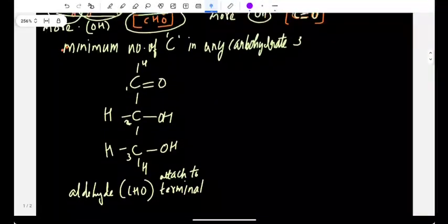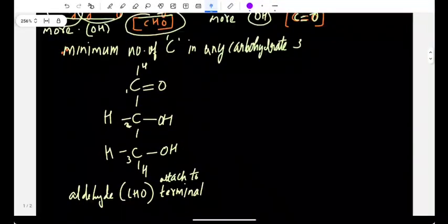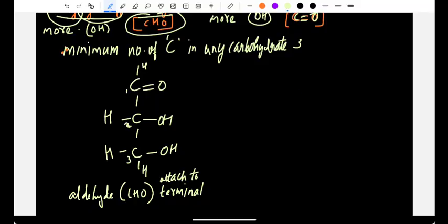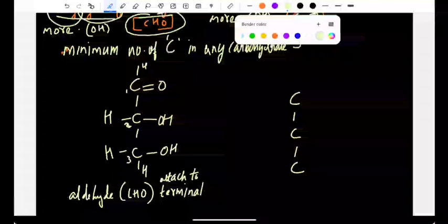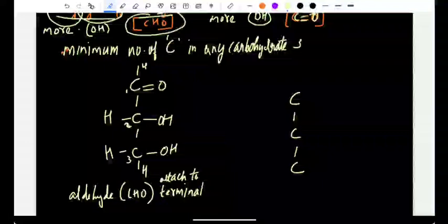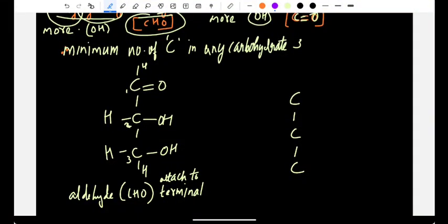Now let us draw the polyhydroxy ketone. The ketone is always added to the intermediate carbon. Minimum 3 carbons, and the ketone group will be on the intermediate carbon.